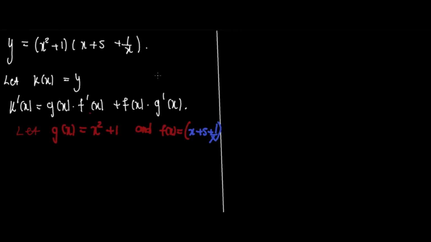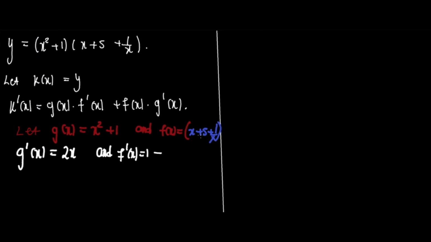So g prime of x will be equals to the derivative of x squared plus 1, which is 2x. And f prime of x will be equals to 1 plus the derivative of 5, which is 0.